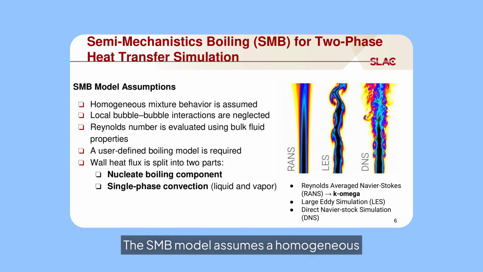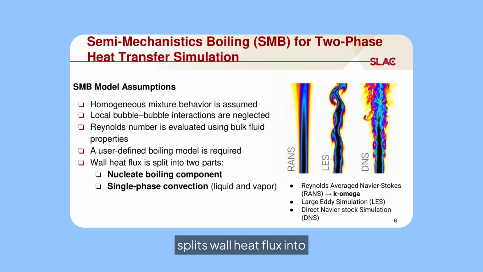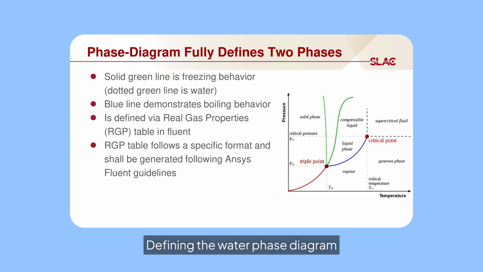The SMB model assumes a homogeneous mixture, neglects local bubble interactions, uses bulk properties for Reynolds number, requires a user-defined boiling model, and splits wall heat flux into nucleate boiling and single-phase convection components. Defining the water phase diagram in Fluent is essential for two-phase modeling with SMB.